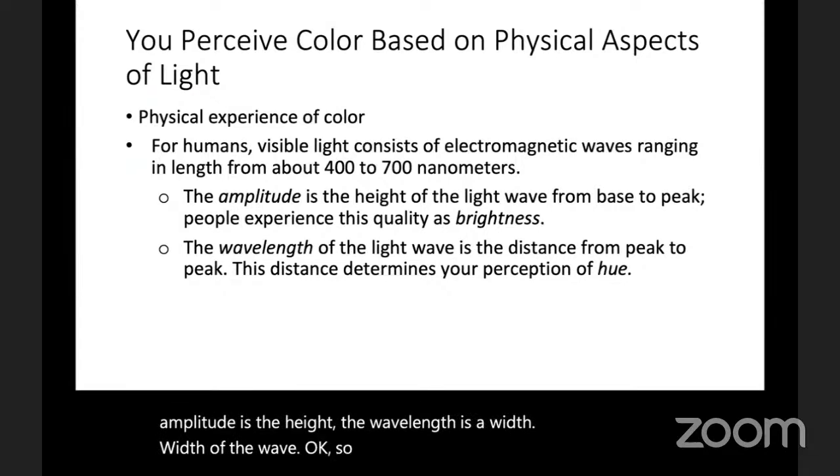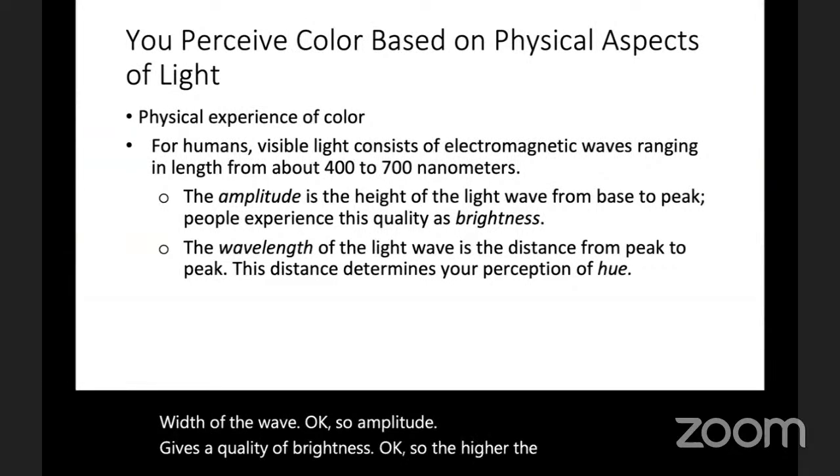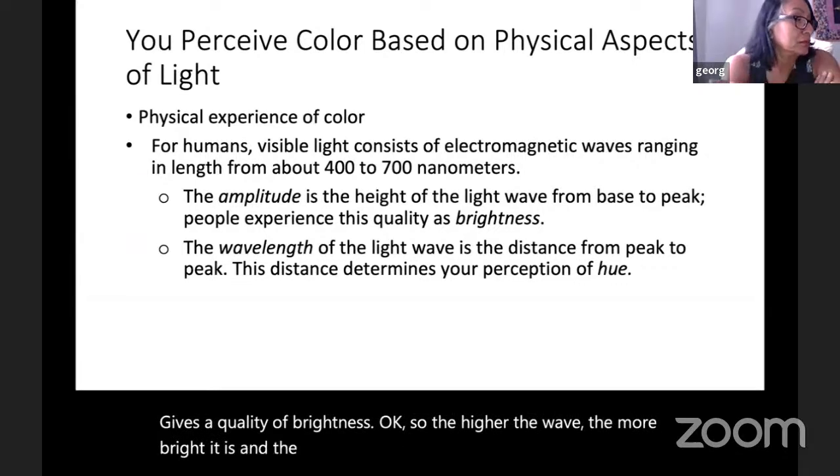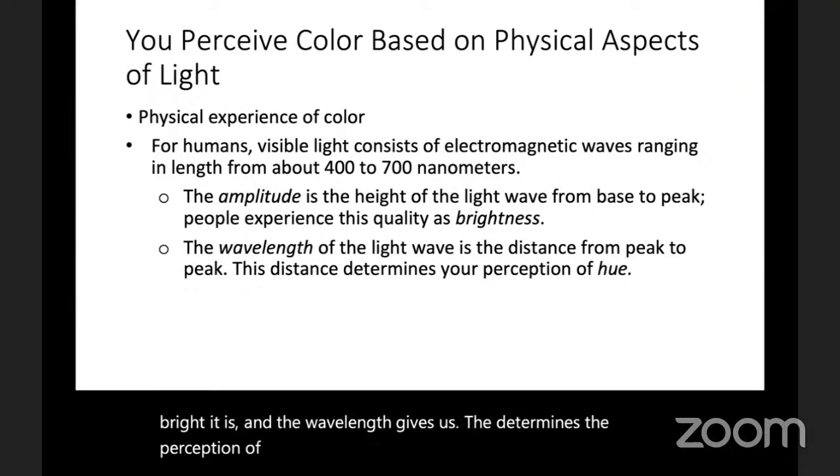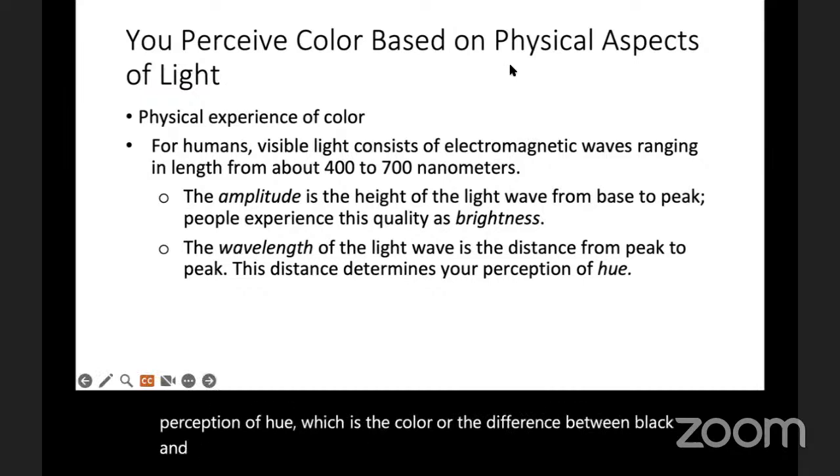So amplitude gives a quality of brightness, okay? So the higher the wave, the more bright it is. And the wavelength determines the perception of hue, which is the color, or the area in between black and white.